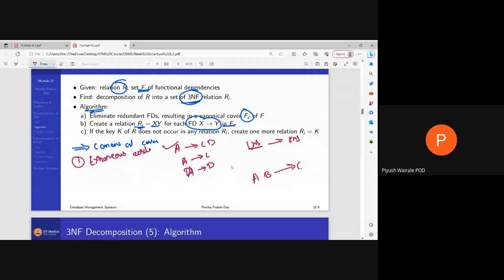Hello. Once you remove the extraneous attribute, then you have to remove... Your voice is breaking, sir. Hello, am I audible? Sometimes it's breaking. Is it for everyone?